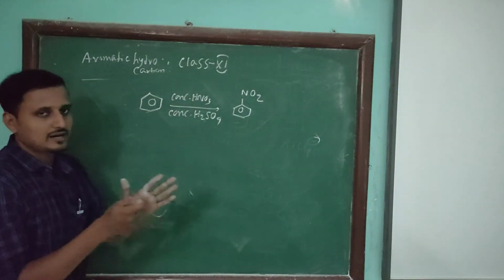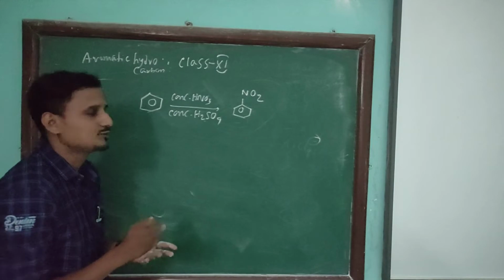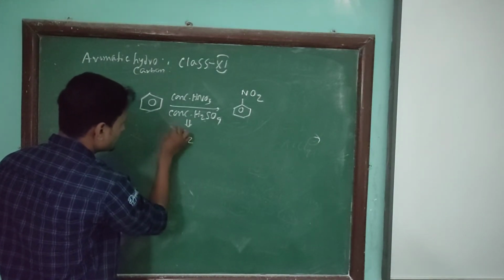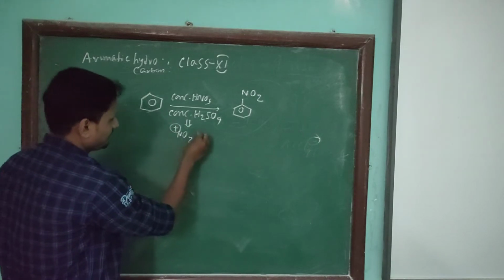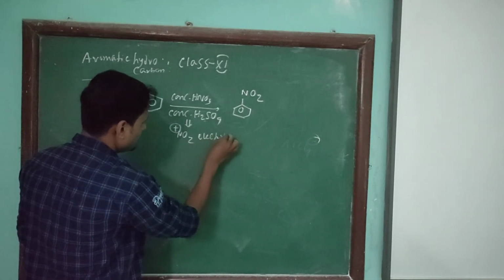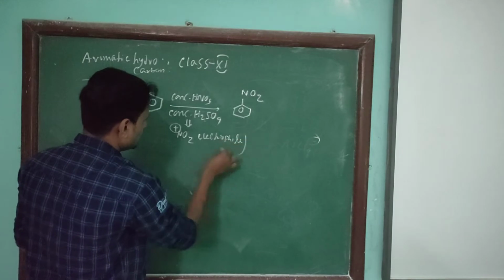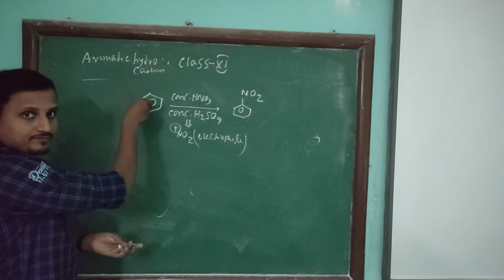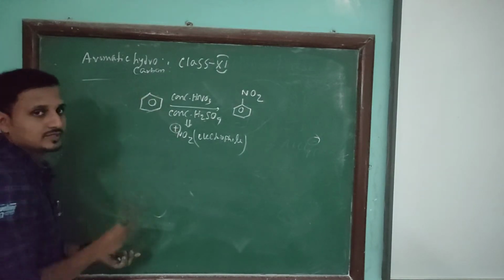Because this will give an NO2 plus group, which is an electrophile. And benzene has lots of pi electrons. It has pi electron density, so it will attack.